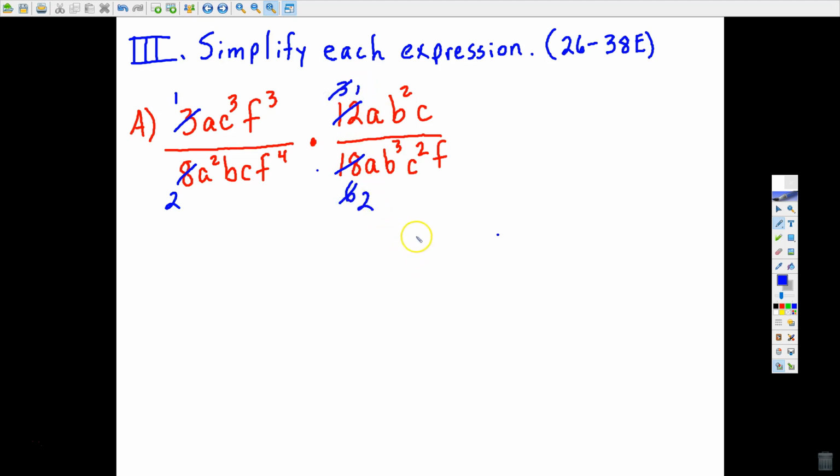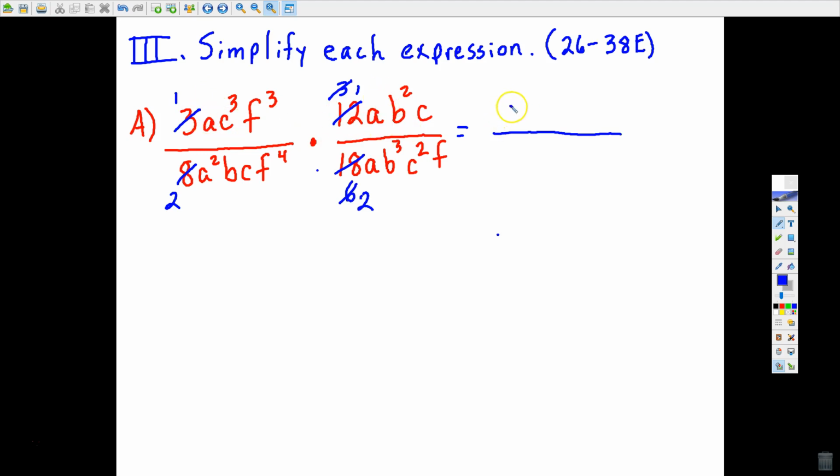Now for the variables, because really it's more practical than anything, I'm not going to do anything as far as canceling, because for me that ends up being a big mess that's hard to read. So I'm going to go ahead and multiply the coefficients together. 1 times 1 is 1. And now I'm going to apply the property that says if you're multiplying with like bases, you add the exponents for those bases together.